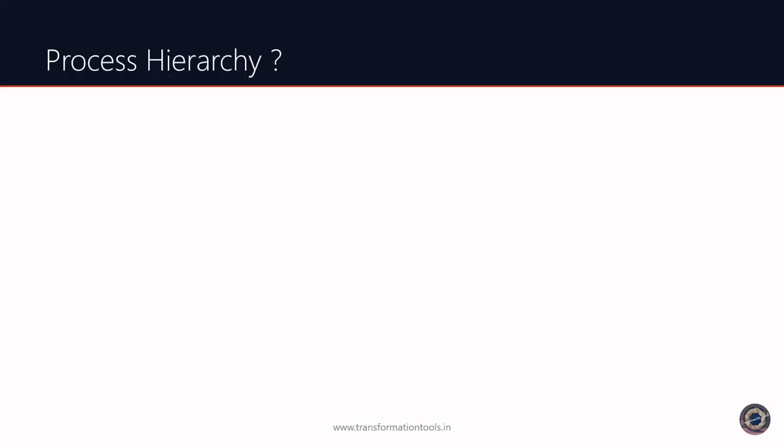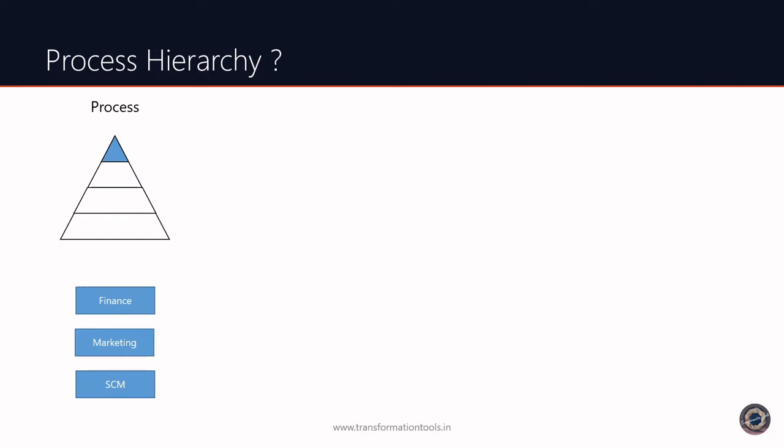Now let's talk about the process hierarchy. Normally what we see is that a process hierarchy consists of 4 levels. Level 1 is the process, level 2 is a sub-process, level 3 are the tasks, and level 4 are the activities.